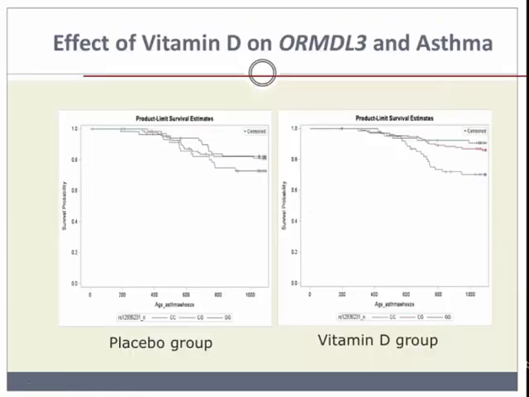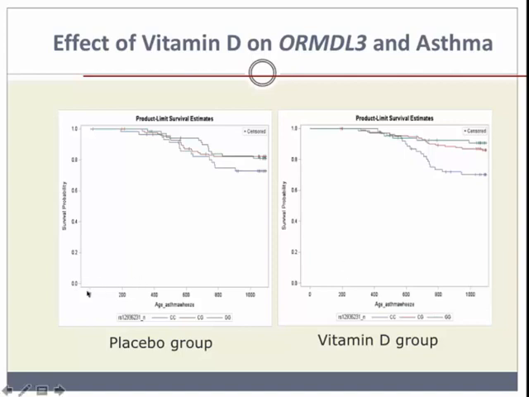But now let's look at the next layer of complexity, which is, can we actually link vitamin D to this gene and asthma? And here is a survival plot from the clinical trial. And I want to give you a little context of how to read a survival plot.